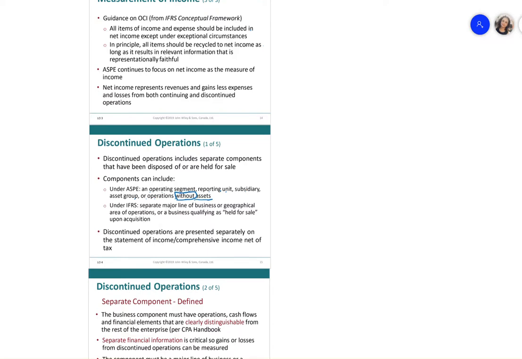If you're not going to generate any revenue, you're only going to have expenses. So you have a loss from that operation, and that's why it's called a discontinuing operation. If you have a loss, you no longer can generate any income. So all the assets in that discontinuing operation will be sold, or they're held for sale.